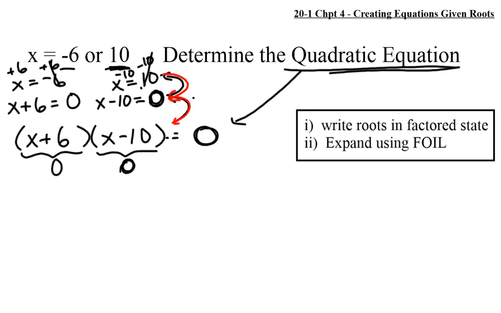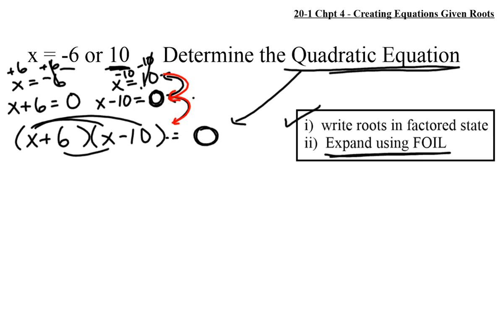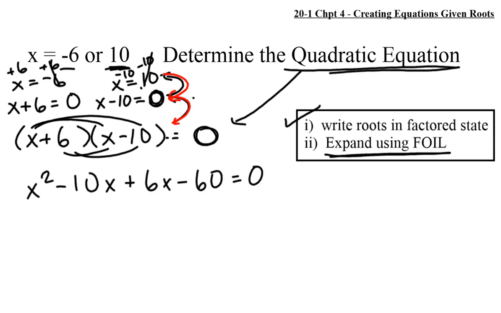But the factored state isn't what we want. What do we want? We want the quadratic equation. So step 1's done, and now we expand using FOIL. And we end up with x squared minus 10x plus 6x minus 60 equal to 0. x squared minus 4x minus 60.